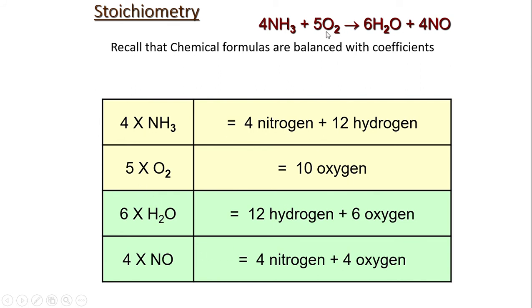Oxygen in our reactant is 10, and in our products we have 4 plus 6 equals 10, so it is balanced. And what about H2O? We have 12 hydrogen, so it is also balanced. What about NO? We have 4 nitrogen plus 4 oxygen. So all of the elements here are balanced. It is very important that our chemical equation is balanced.